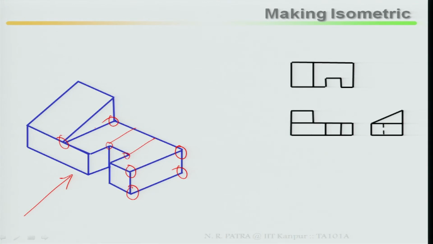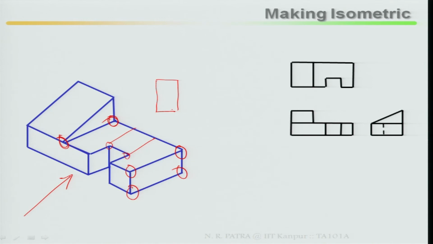Now this surface is an inclined surface. If I look from this side, what happens? This point and this point are going to be merged, this line particularly. Now it will be no more inclined in the front face. So this point will be going like this, and it will only look like this kind of shape.